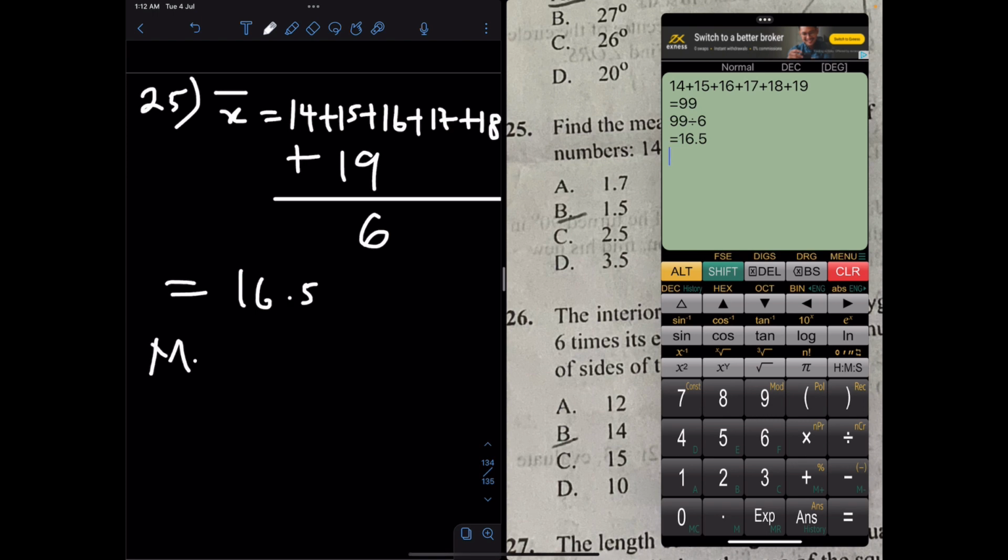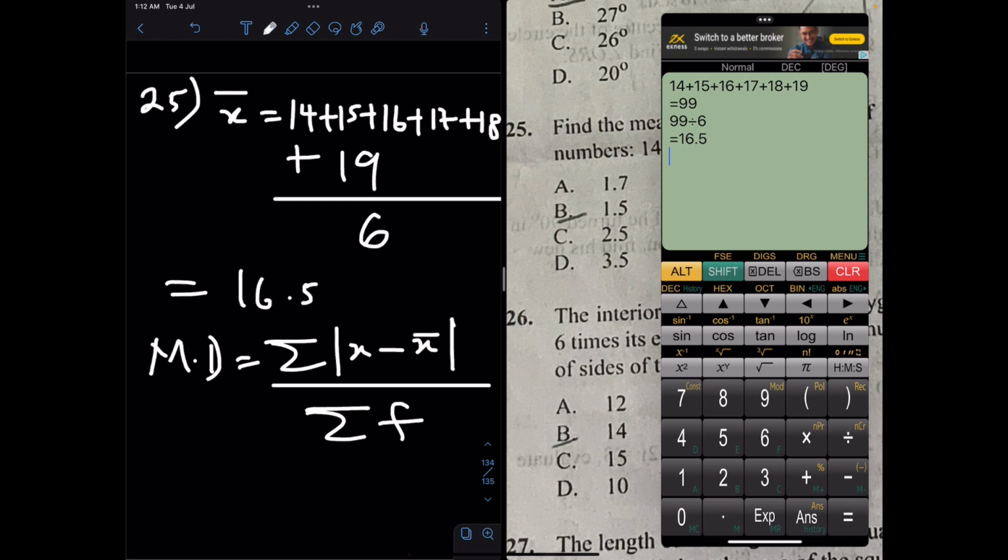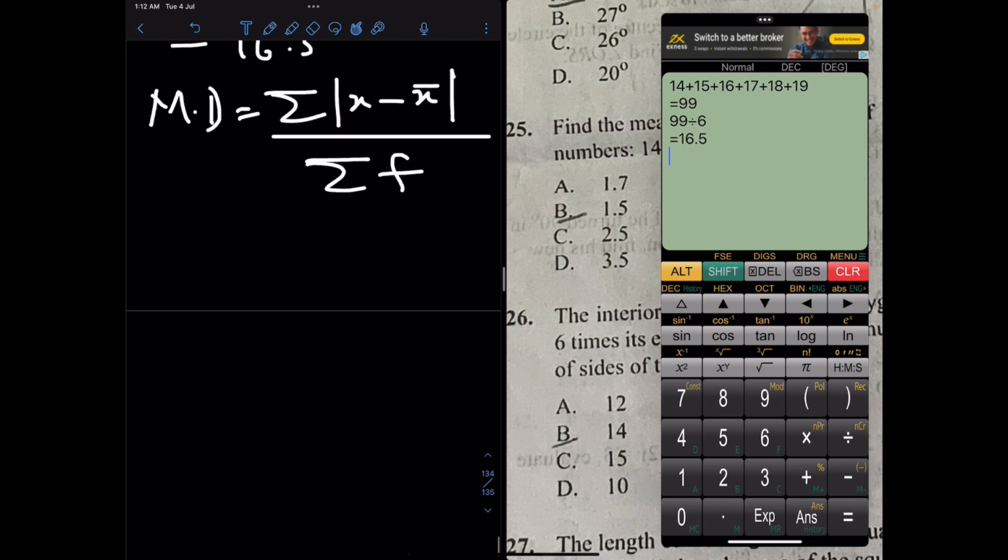Mean deviation is given by the formula summation of the absolute value of x minus mean, over summation f, and that's equal to, now let's make a short table for that.